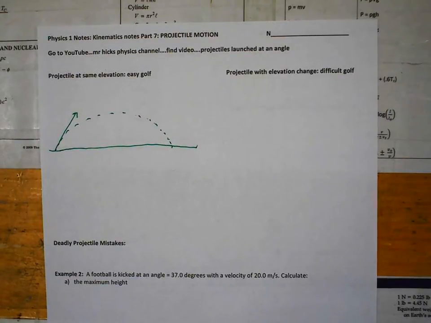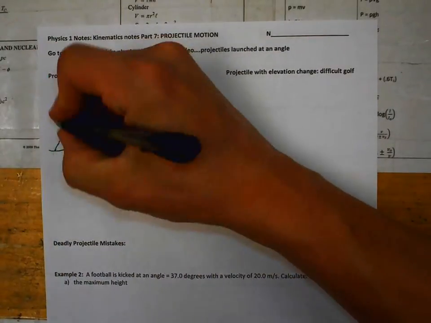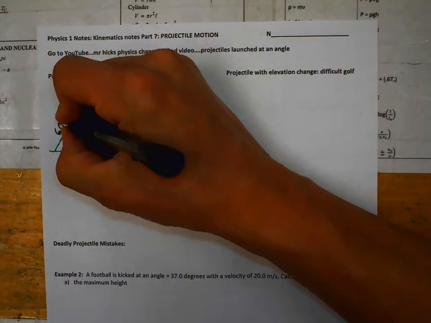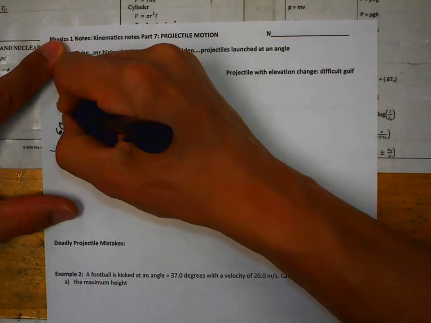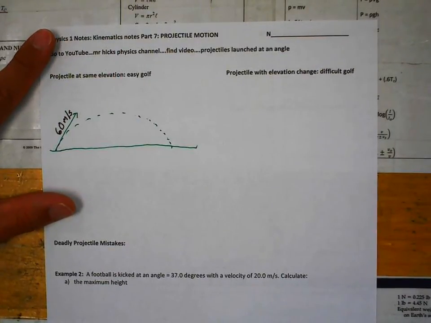Okay, how fast are golf balls hit? What'd you guess? 115 miles per hour. Okay, so let's say 60 meters per second, as an estimate. Okay, so this that I'm drawing right here represents the initial total velocity of the projectile.